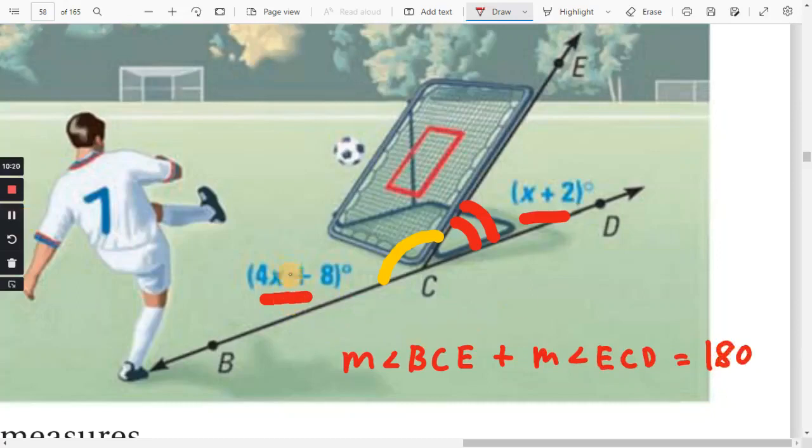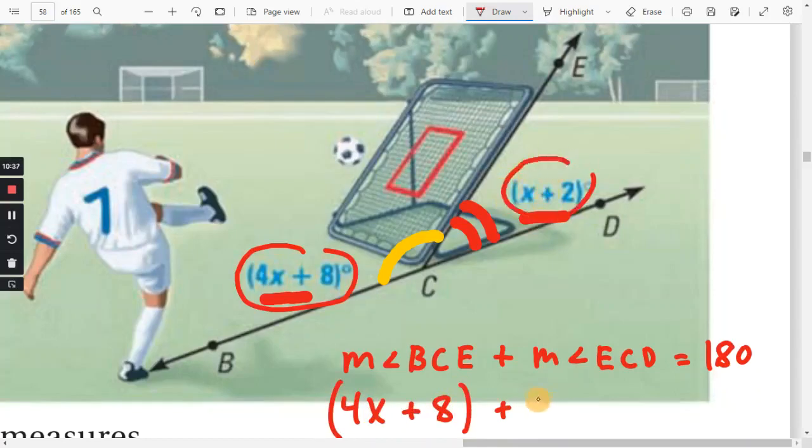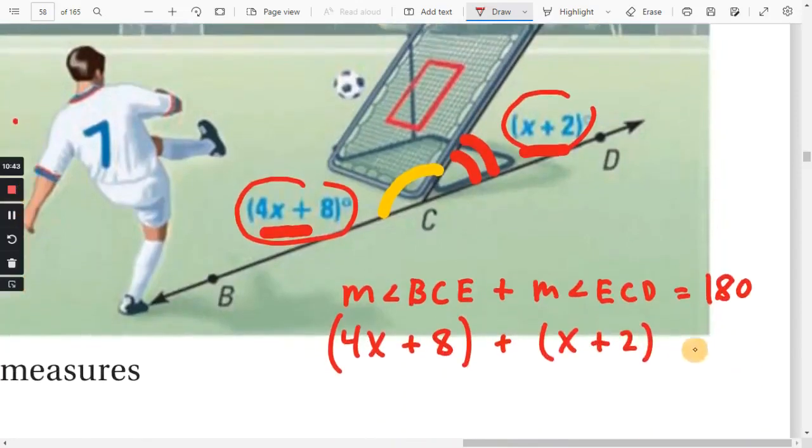All right, we said BCE was 4x plus 8. And we said ECD was x plus 2. And combined, they equal 180.